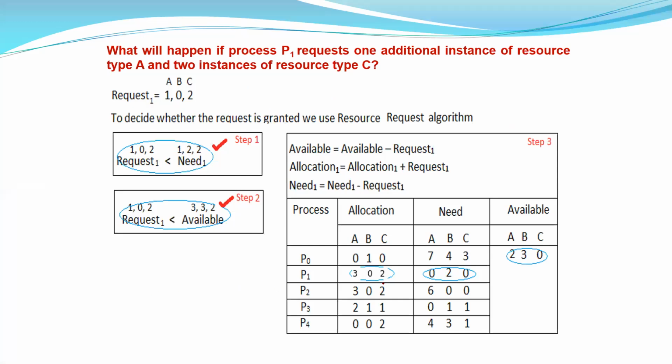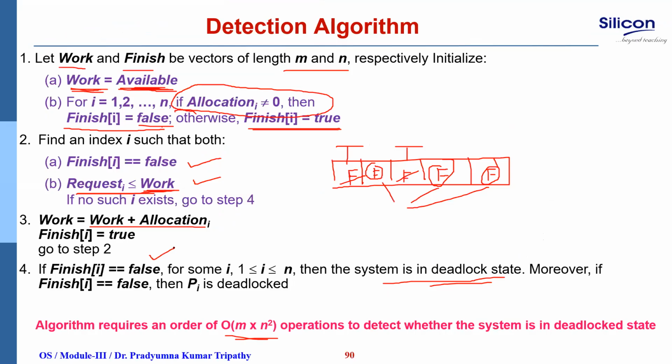It just checks whether it is in deadlock or not. If it is in deadlock, those processes whose values are false are involved in the deadlock. So the detection algorithm is almost the same as the safety algorithm that we read in the Banker's. I hope it is understood.